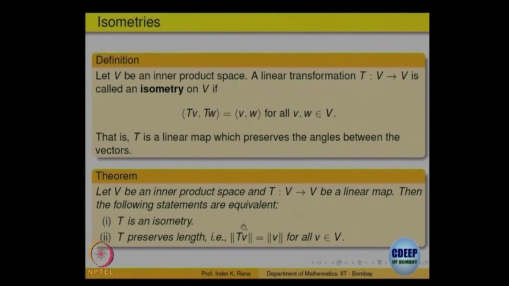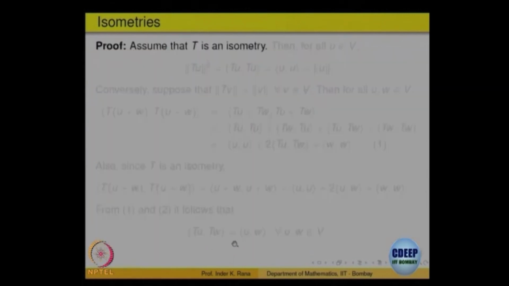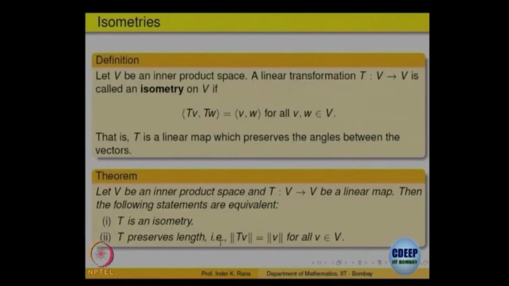Inner product is related basically to angle, so T is an isometry if and only if it preserves the notion of distance also; the magnitude of the vectors is kept intact. So an isometry takes lines to lines, preserves angles as well as magnitudes. They are sort of the perfect transformations in the planes.